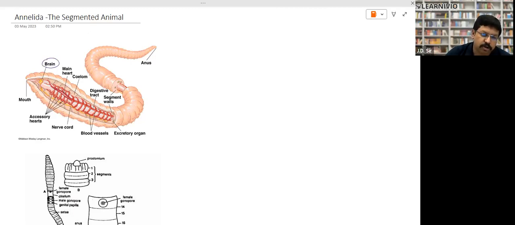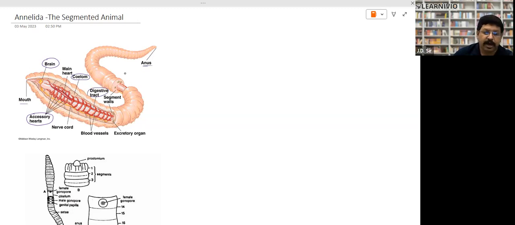And these dorsal and ventral nerves, these are called accessory hearts, so a number of hearts are present. These are just heart-like structures, not actual hearts. Mouth is present. So this is the main heart. And look, this is the coelomic cavity. This is the digestive tract, which is complete, because mouth is present and anus is present.